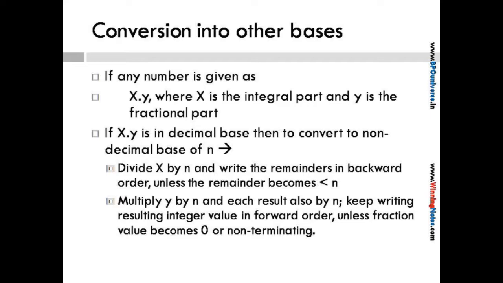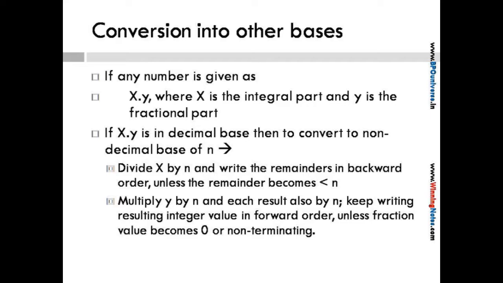So if we have to convert it into binary, then you will keep on dividing this integral part by 2, and whatever quotient comes, you will keep on writing that from the rightmost side.